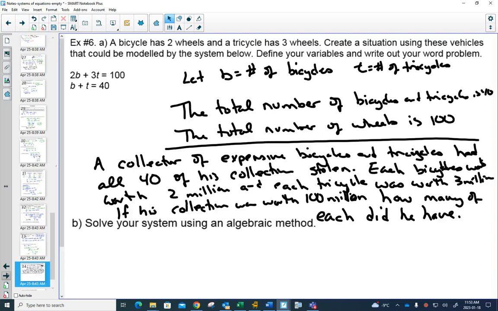I think though it would be very hard, as much as it would be nice to acquire a $3 million tricycle, I think it would be very hard to sell that, even at 50% off.